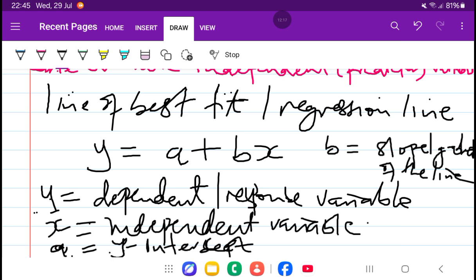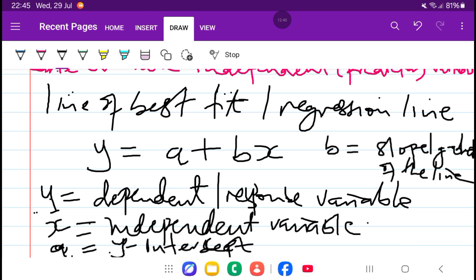The consequence is that the position of the line of best fit will differ slightly from one person to another. This is what is mostly done, but I told you there are steps that we can follow to draw an accurate line of best fit.